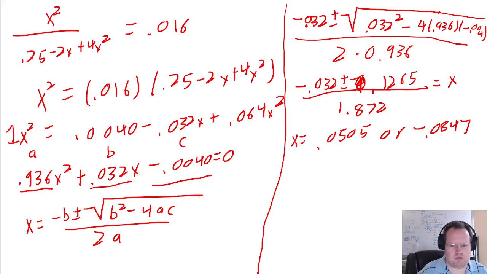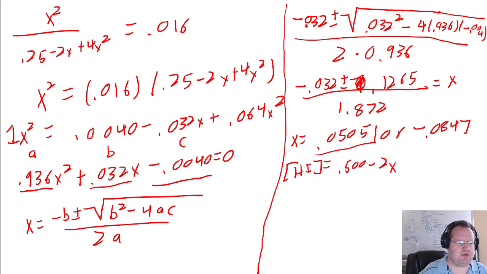So now, when we plug that back in, the problem asked us to find all the values. So first we have our equation for HI, which is 0.500 minus 2x. And we're using this value here since the other one gave us negative concentrations. But if you're not sure, just plug them both in and try them all. And when you plug that in for x, you're going to get 0.399 molar.